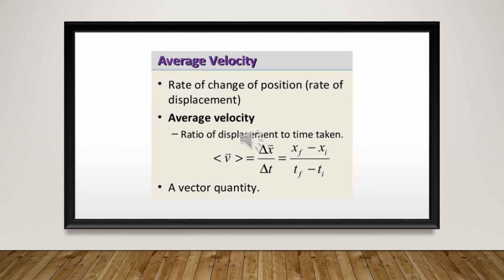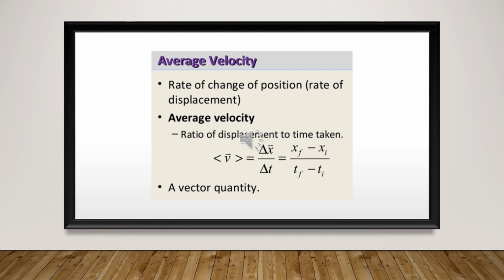Here comes the average velocity, means the rate of change of the position, means the rate of displacement is known as the average velocity. It is the ratio of the displacement to the time taken. Delta x means the change in the displacement, means from the final displacement you subtract the initial displacement, means xf minus xi, and delta t stands for the change in the time, means tf minus ti.